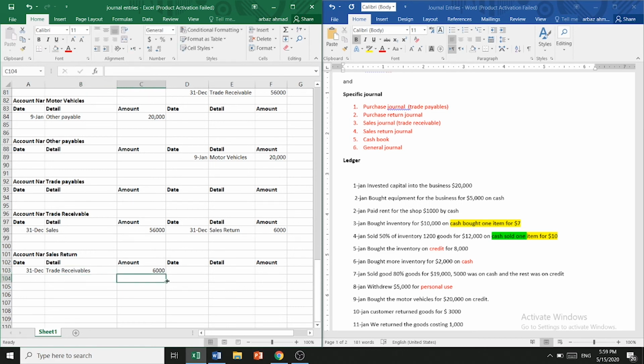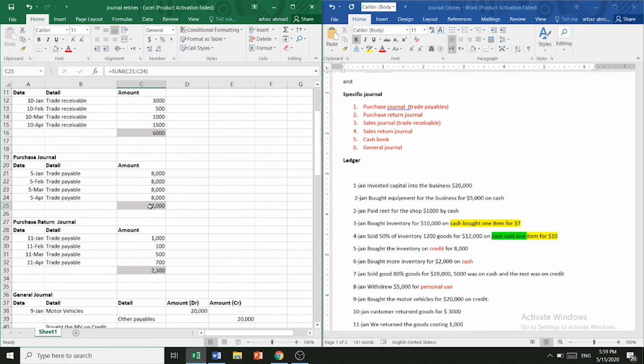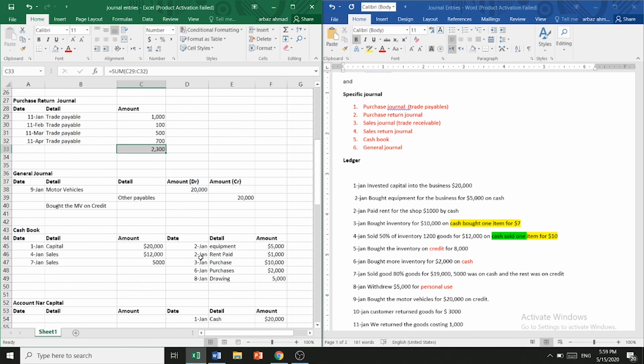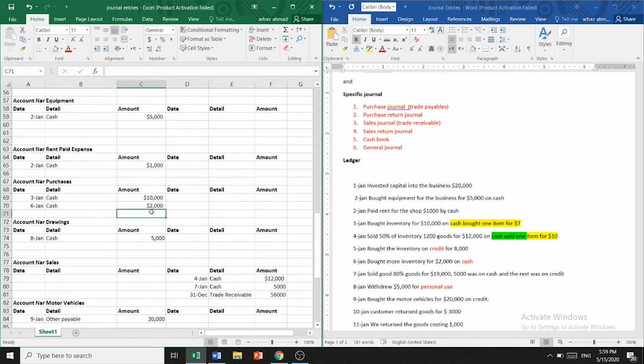Okay, so moving on with the purchase, let's go with the purchase first. I guess we have 2,300 total, and we have this purchase, we are going to have 2,300 here, and this is going to be trade payable, not other payables, because this is inventory, and this is going to be 31st December, the end of the month.